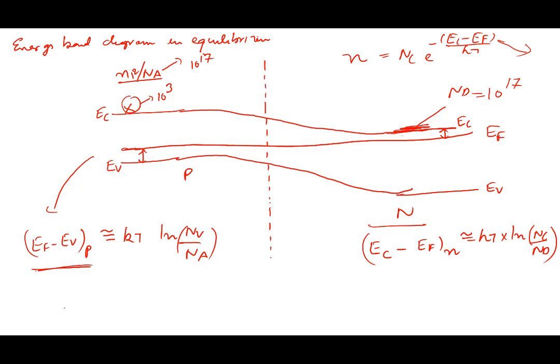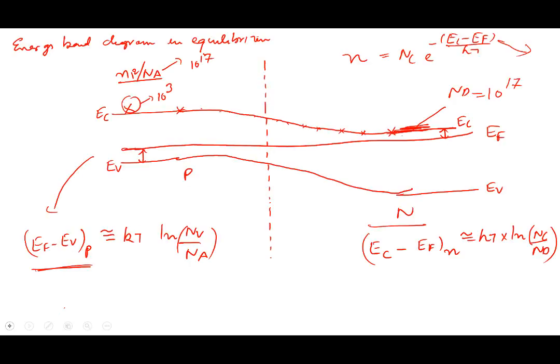So in this region, what is happening is 10 to the power 17 here, somewhere 10 power 16, 15, 14, 13, 12, and eventually it becomes 10 to the power 3. It is sharply reducing. Look at the order of magnitude by which it is reducing as you go into the region here.